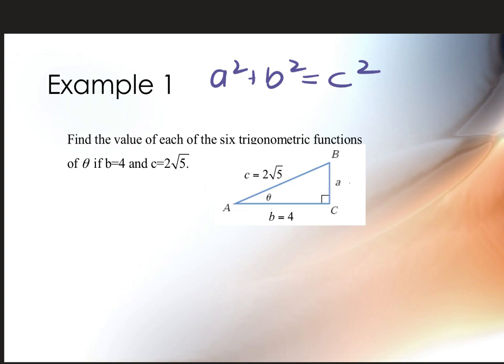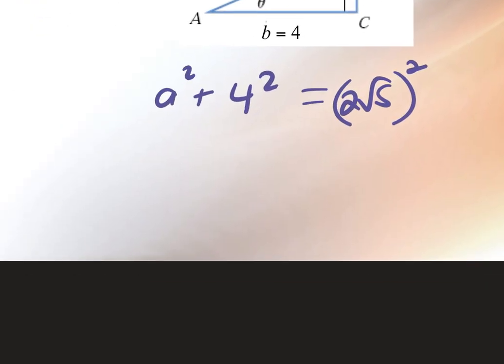It doesn't matter what A and B are as long as C is the longest side or the side opposite the right angle, right? So in this triangle, I could make A squared plus 4 squared, if I go in the right order, equals 2 square root 5 squared. So then a squared plus 16 equals 2 squared, which is 4, and square root of 5 squared, which is 5.